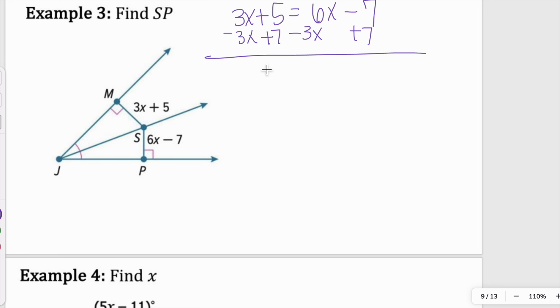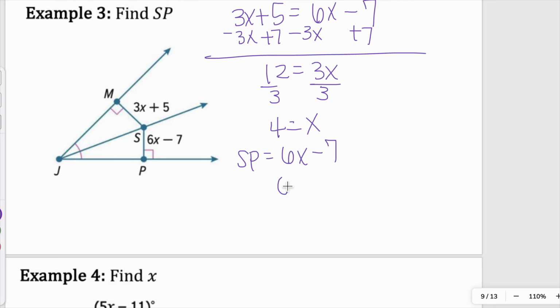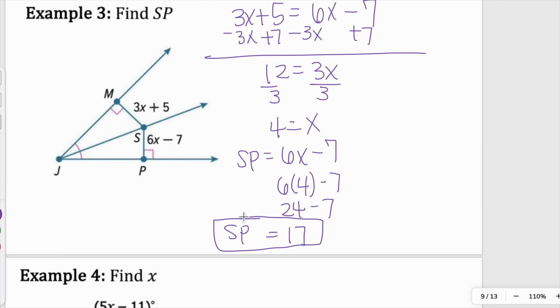So I get 12 is equal to 3x. Dividing both sides by 3, I'm going to get 4 is equal to x, but I want to know what SP is. So SP is equal to 6x minus 7. So we're going to plug in that 4 for my x, or 24 minus 7. I'm going to get 17 is equal to SP.